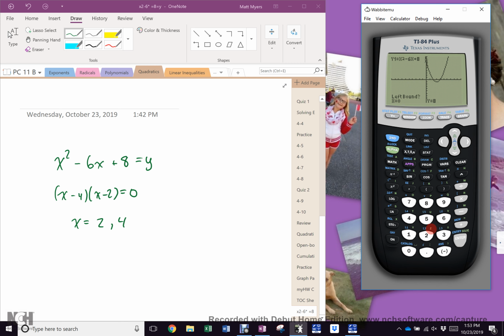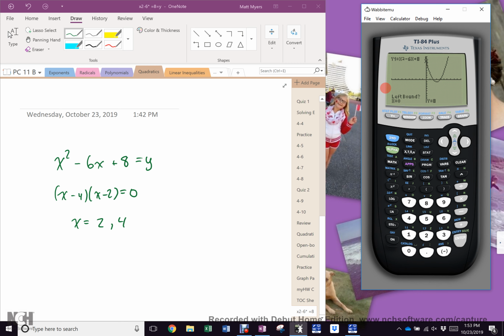Does everybody see the words left bound? What direction is left? Towards the second function keys, yes? So I need a left bound. What do you think bound is short for? Boundary. Well done.